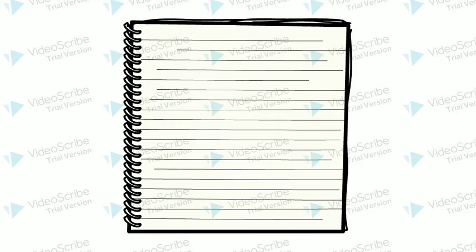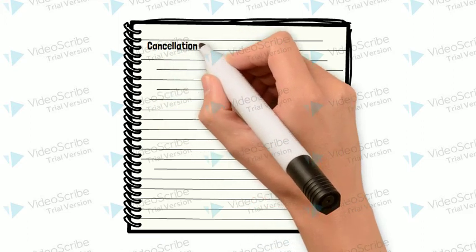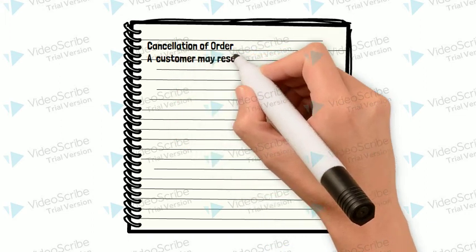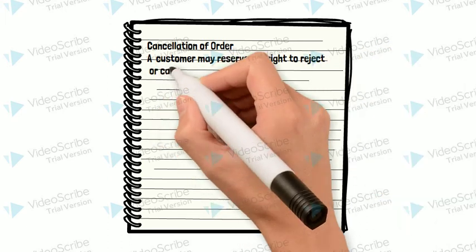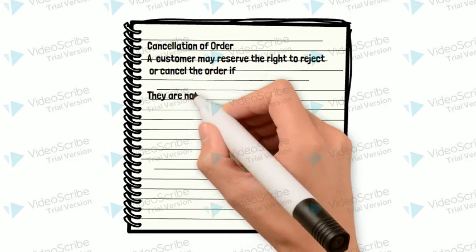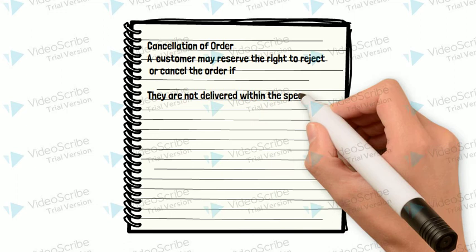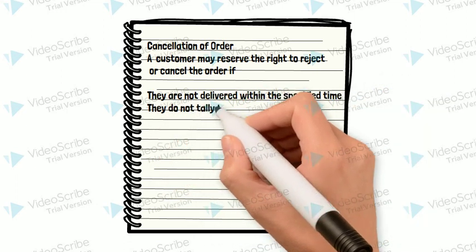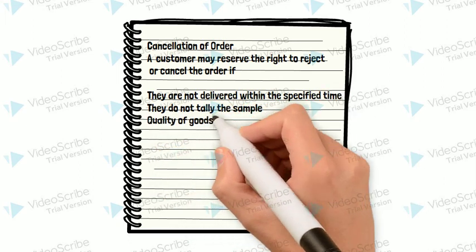Let's discuss some of the value points for cancellation of the order. A customer may reserve the right to reject or cancel the order if the goods are not delivered within the specified time, they do not tally with the sample, or the quality of the goods is not satisfactory.